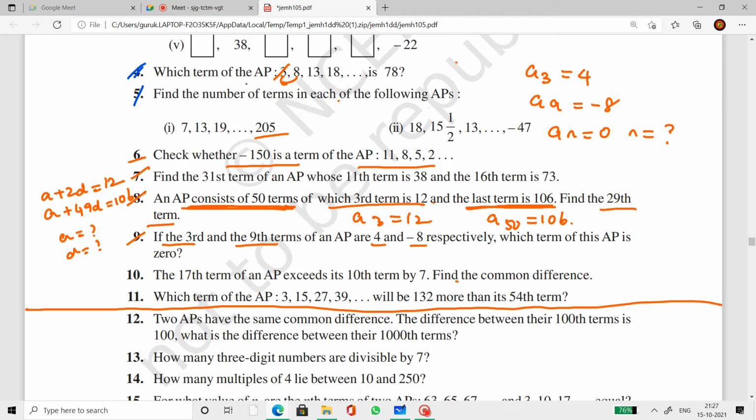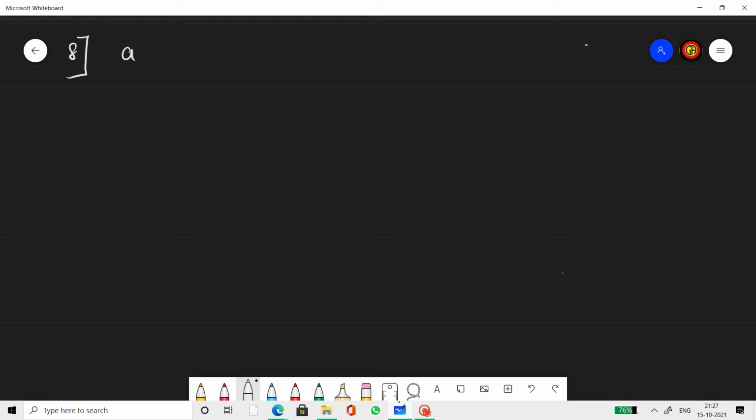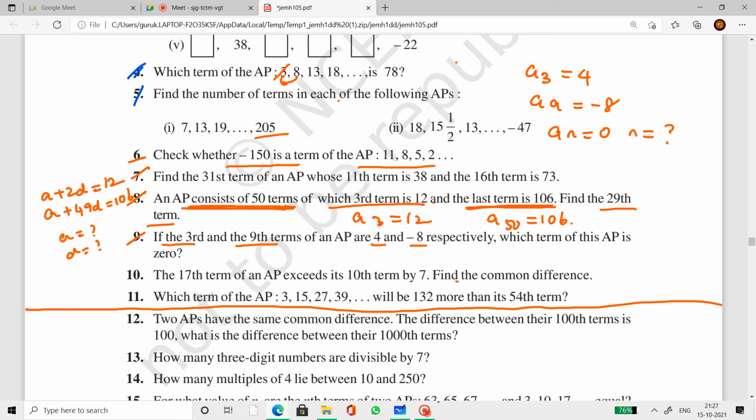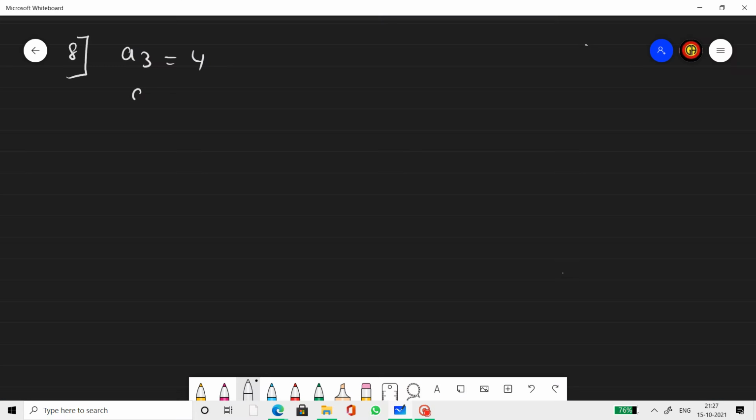So A3 equals 4 and A9 equals minus 8. When AN equals 0, find the n of that.